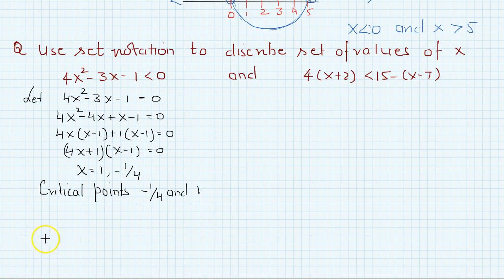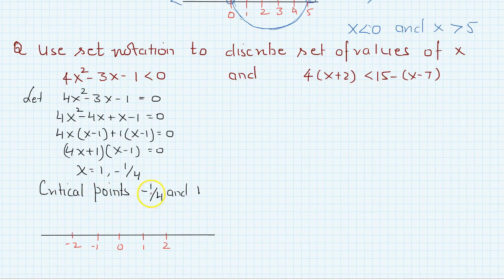So let's say this is our line, say this is 0, this is 1, this is minus 2, this is 1. Let's say this is our number line.